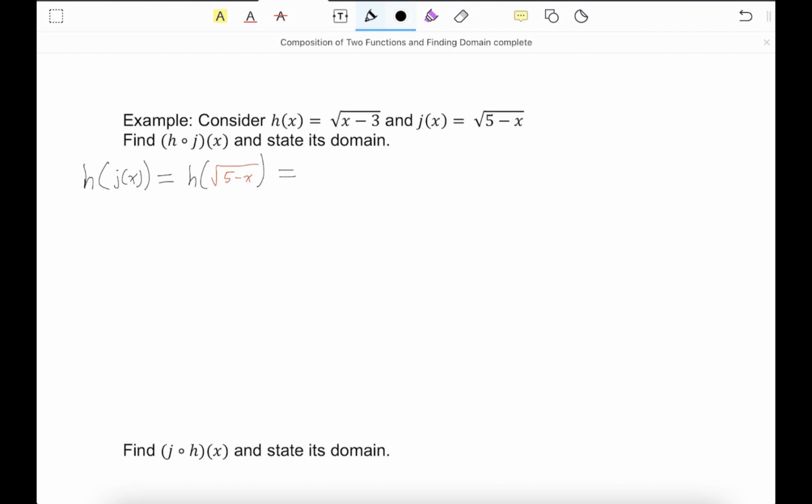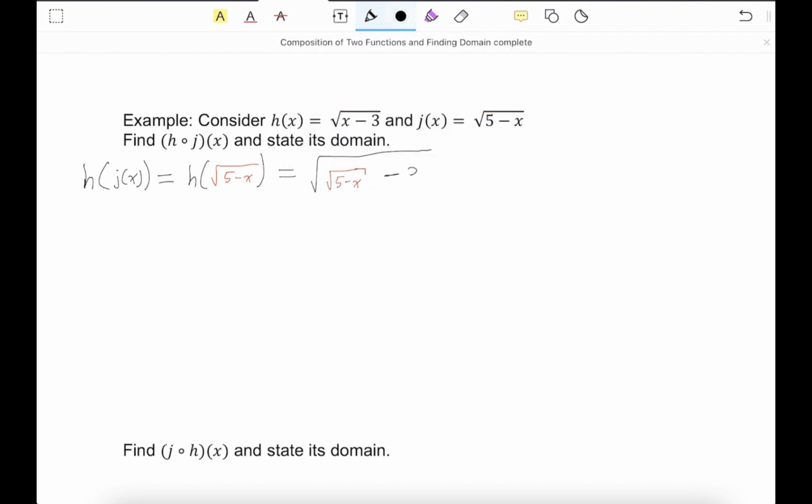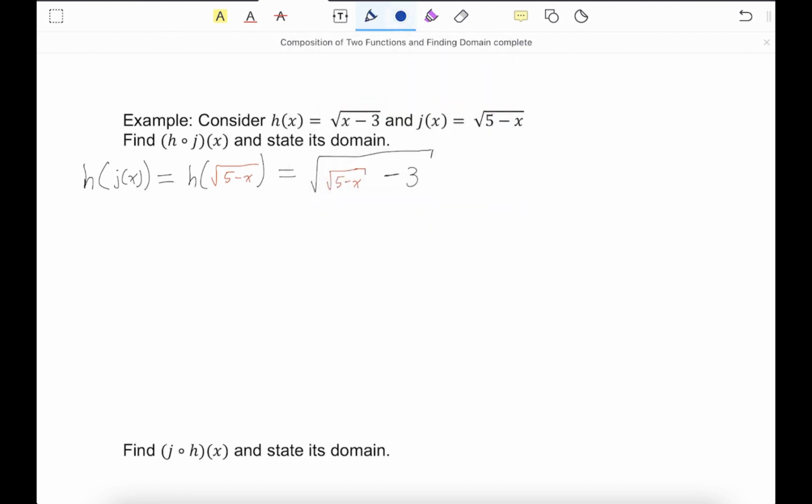And this is then the giant square root of the square root of 5 minus x minus 3. Okay, and that's as simplified as it gets. We have to be very careful with the domains in this case.